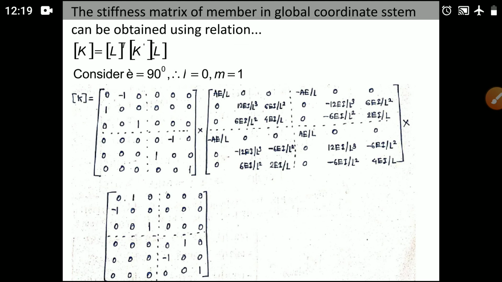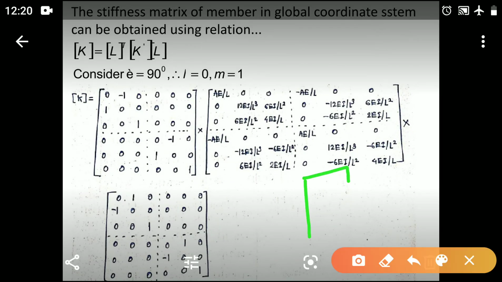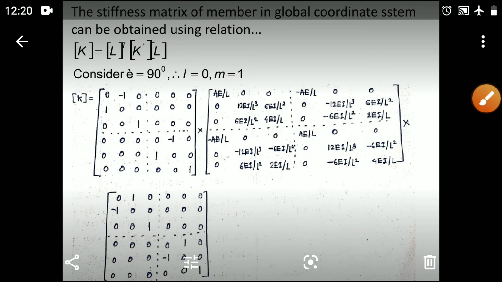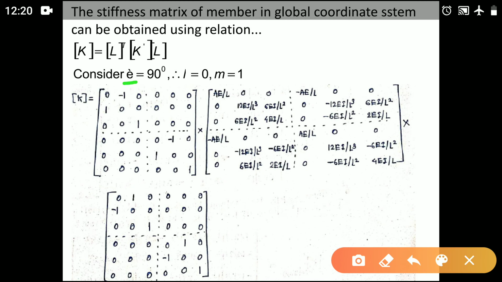Now generally in our portal frame, all angles are usually 90 degrees. Suppose here are the supports, all angles are 90 degrees. So here we will consider theta equal to 90 degrees.